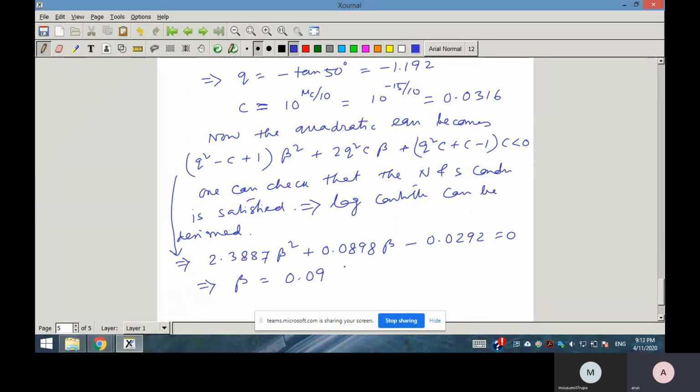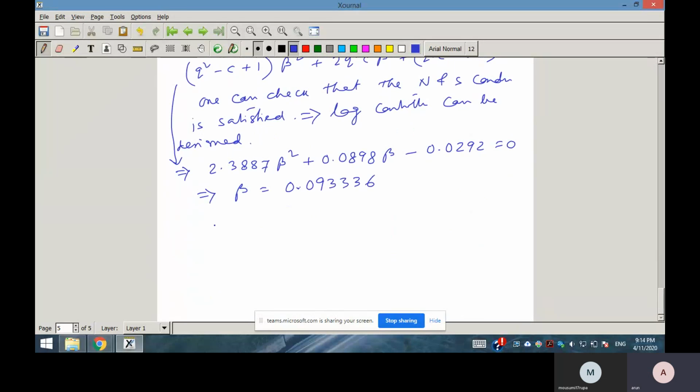The other negative solution we will not consider because beta is greater than 0. So it will automatically become less than 1. Then b equal to omega c by beta into square root of (beta square minus c) divided by (c minus 1), and this will be 3.295.